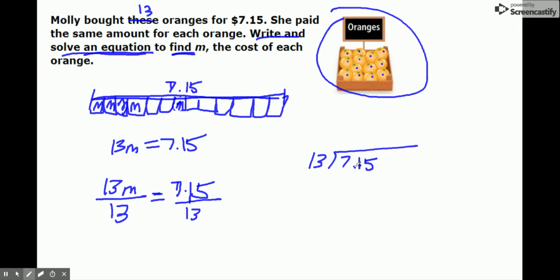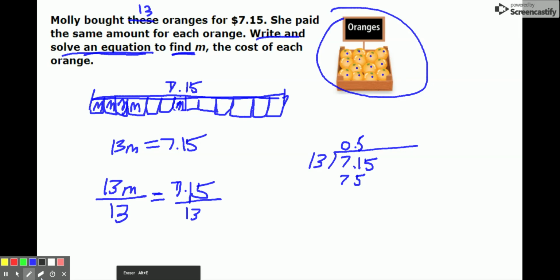715 divided by 13. Bring up the decimal, treat this as 715. 13 goes into 70, goes into 71, 5 times, I think. 5 times 3 is 15. Bring the 1. 5 times 1 is 5, 75. So it's not going to go in 5 times.